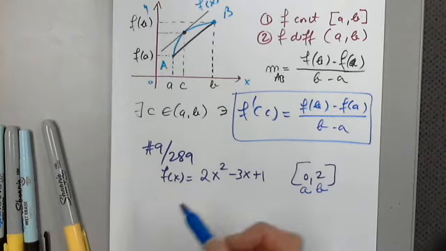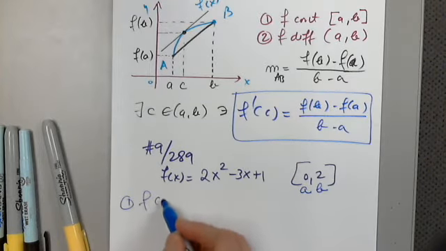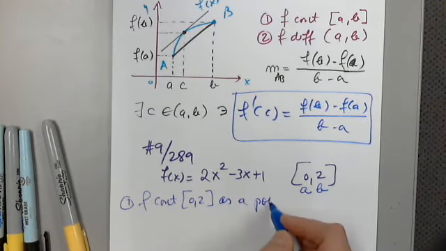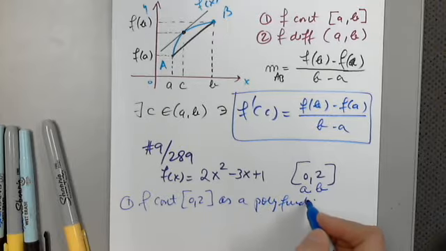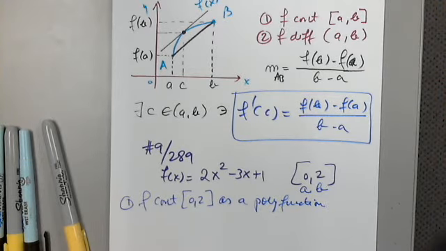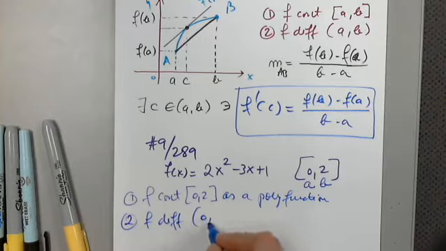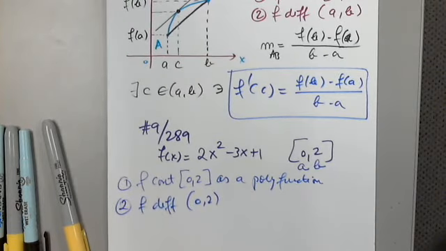So for number 1, would you agree that this is continuous on the interval [0, 2] as a polynomial function? It's a polynomial function, it's continuous everywhere. Would you agree that for the same reason f is differentiable on the open interval (0, 2)?